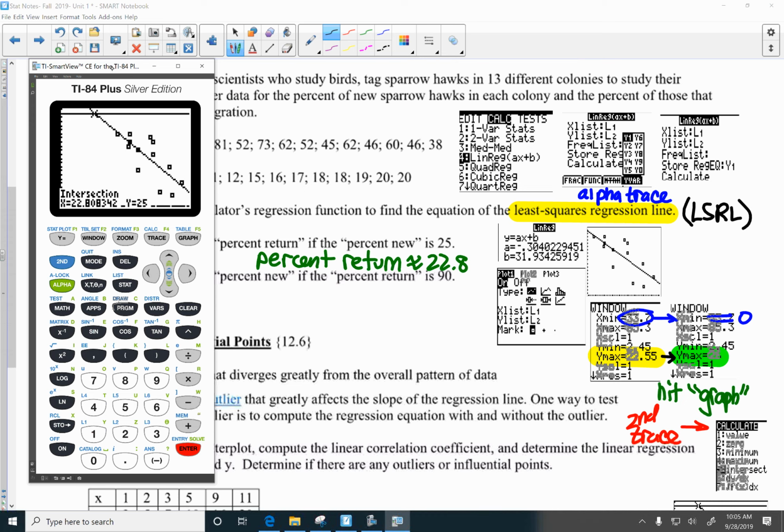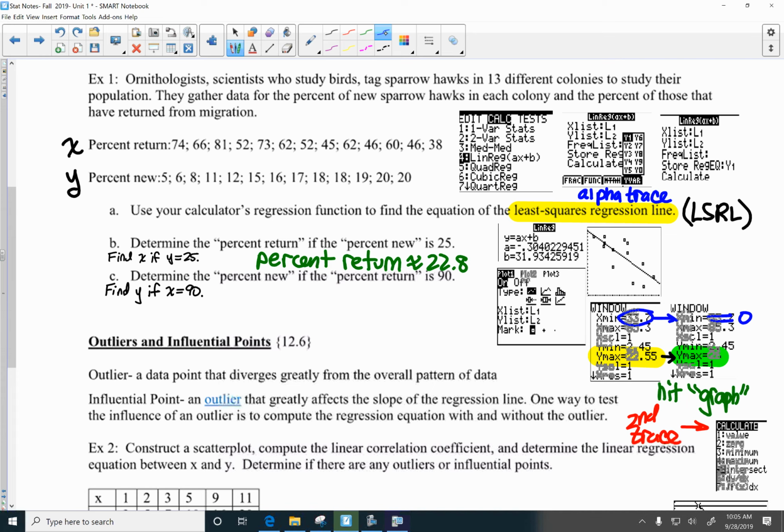So I'm going to hit second mode to quit out. I'll jot down those steps here, because this is much simpler. That gets you into the home screen. Then I hit alpha trace and select Y1. In the home screen I want it to say Y1, open parentheses, type in the 90, close parentheses, and then hit enter.